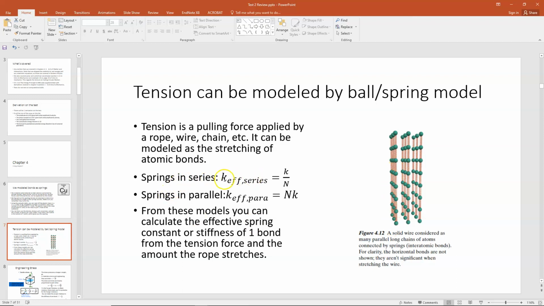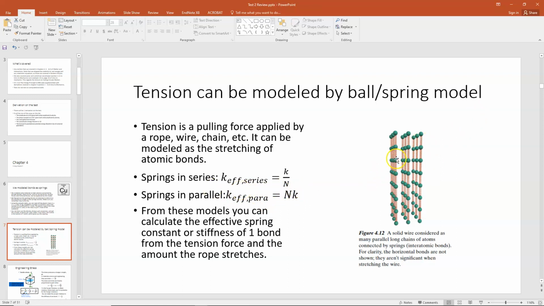And we talked about how the effective spring constant for a bunch of springs in series is the spring constant for one spring divided by the total number of atoms in the chain, okay, or springs in the chain. And then for parallel, the effective spring constant is N times the number of chains.